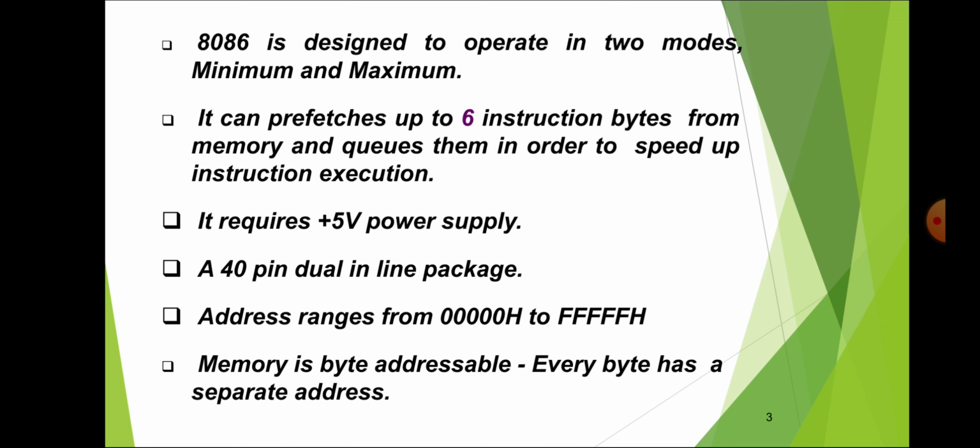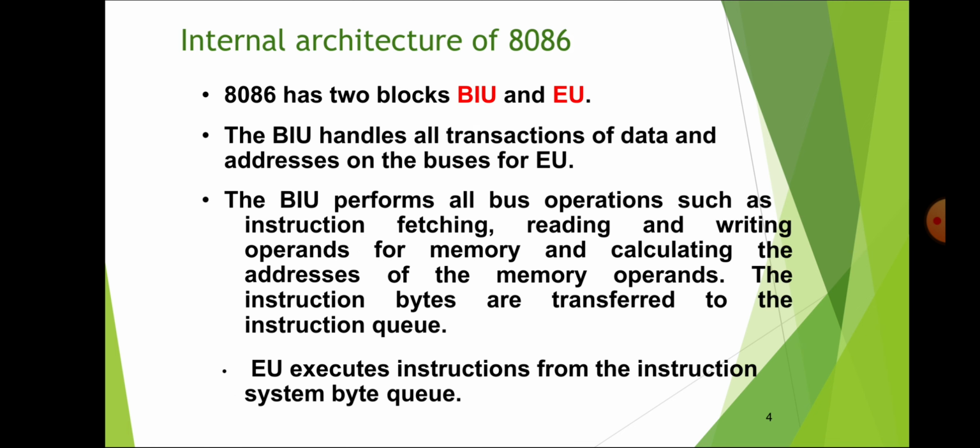Okay, so let's start with the architecture of 8086. In the previous lecture I explained the functional blocks of the microprocessor. Now in this lecture we are going to learn the internal architecture of the 8086.